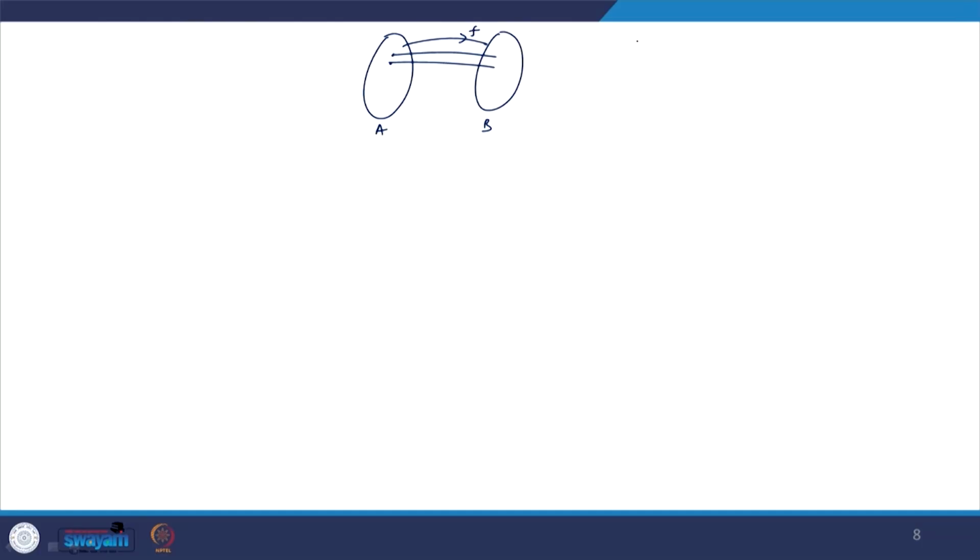That means, for all x y belongs to A where x not equal to y, it should imply that f x should not equal to f y. So, this is called 1 1 function.